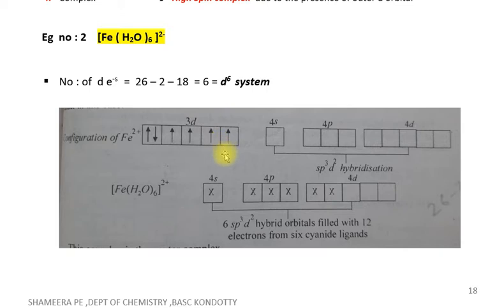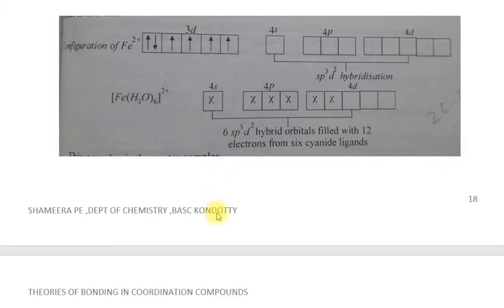So the complex formation will occur only by taking one 4s orbital, three 4p orbitals and two 4d orbitals, leaving the others there itself. The water ligands accommodate and fill these with 12 electrons to form the 6 bonds, and the orbital diagram will be like this.